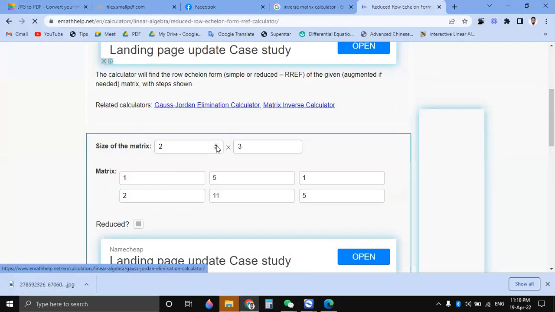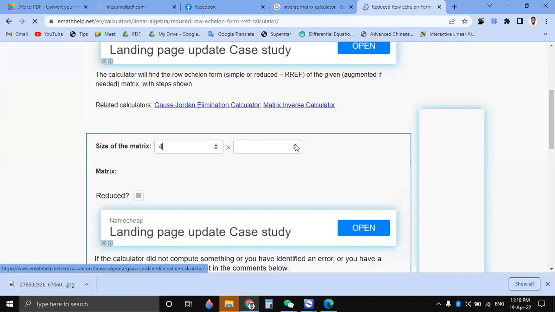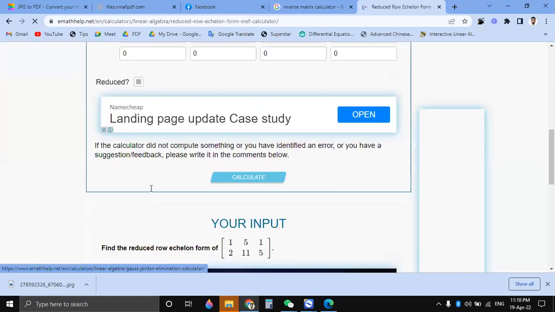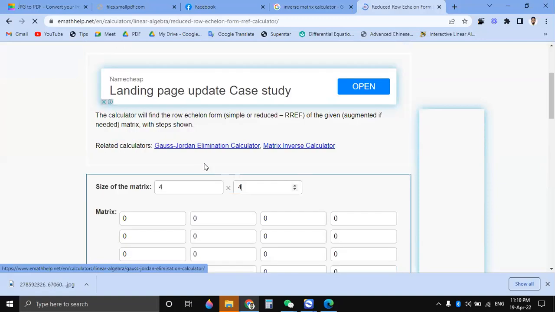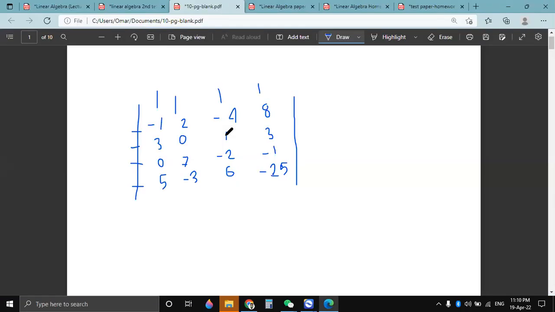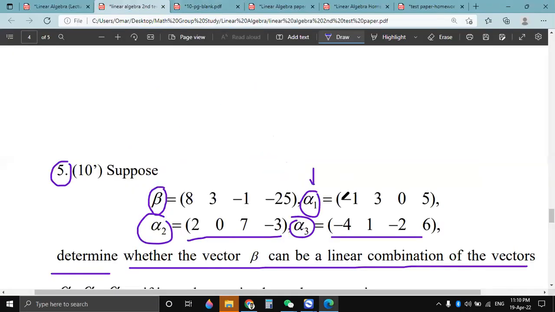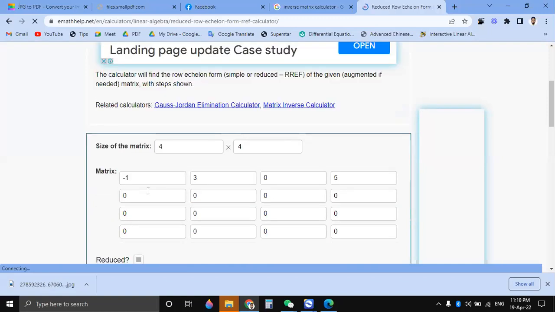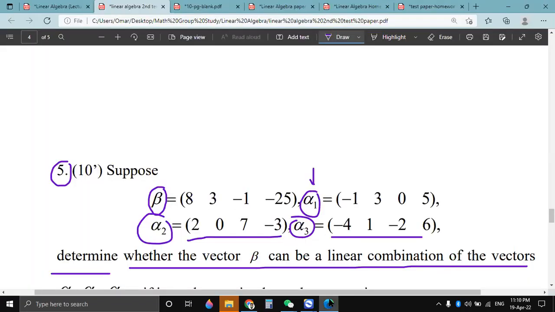It is a 4 by 4 matrix, and then I have to put in the values. So alpha 1 is minus 1, 3, 0, 5.